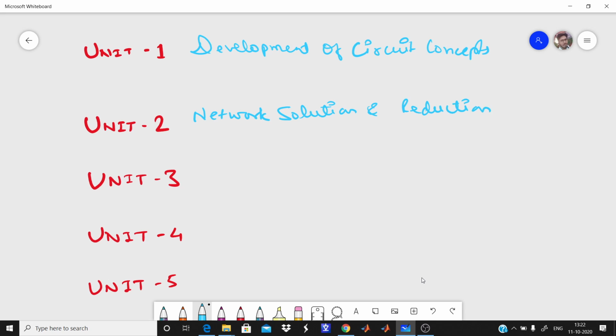In this unit you have to know how to solve the network by using different approaches, like solution of network equations by determinant method, network reduction, superposition theorem, Thevenin's theorem, Norton's theorem, maximum power transfer theorem, reciprocity theorem, Tellegen's theorem, Millman's theorem, for different types of sources in the network, like independent or dependent sources.